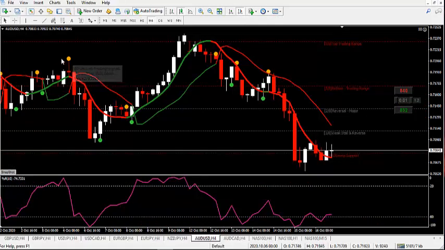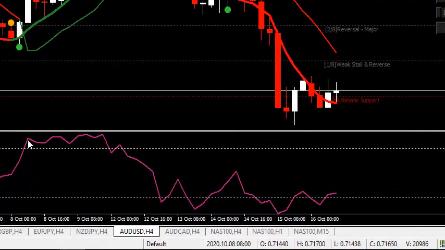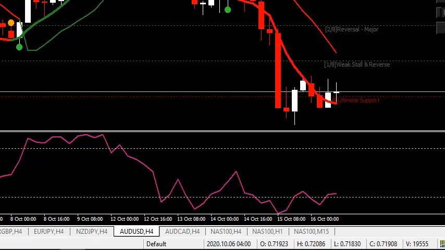This is comprised of one entry indicator, then three confirmation indicators to help you. The confirmation indicators also double as a form of volume indicator. So one entry indicator tells you when to enter the market for either a buy or a sell.